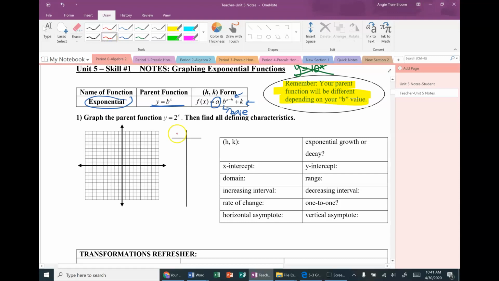First thing we want to do is start with the input and output table. We will go -2, -1, 0, 1, and 2. And we're just going to enter it in. So the base is 2. So 2 to the -2 is going to be 1 over 2 squared, which is going to be 1/4. 2 to the -1, it's a negative exponent, so you move it to the bottom, which is 1 over 2 to the first, which is really just 1/2.